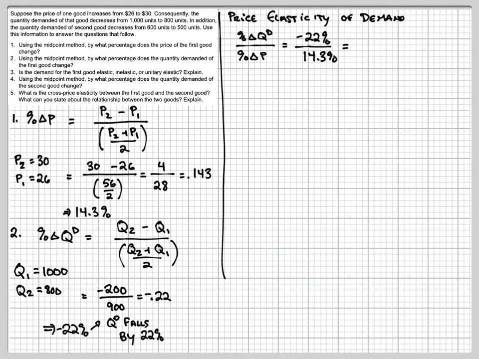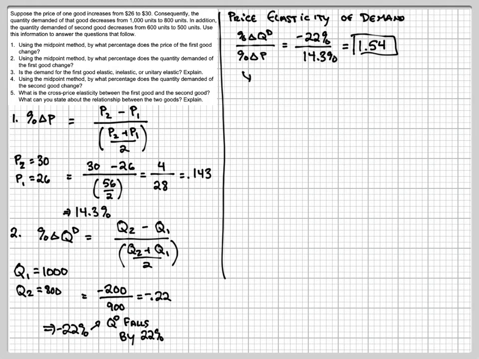Or 1.54. So a 1% increase in the price of the good leads to a decrease in quantity demanded by 1.54%.